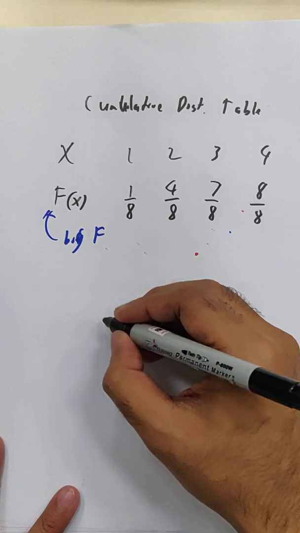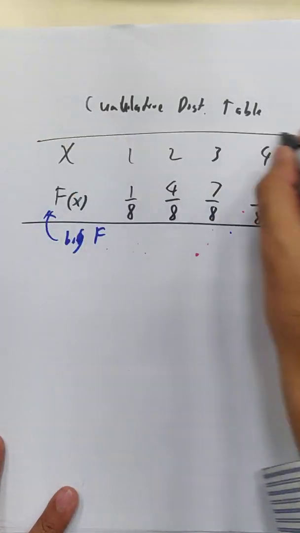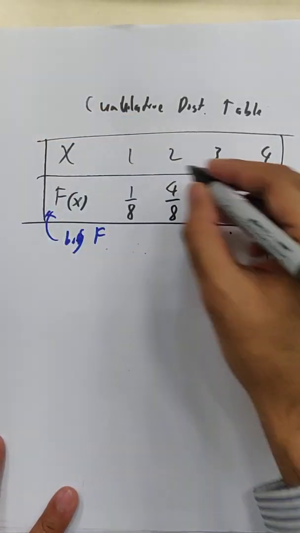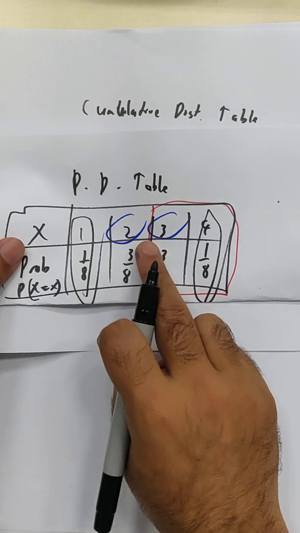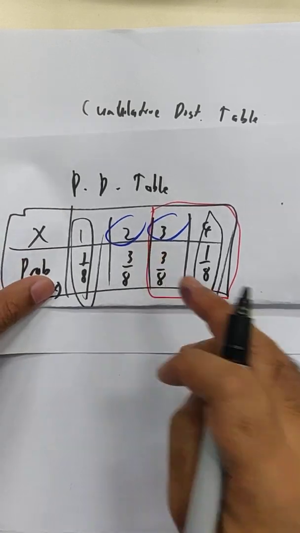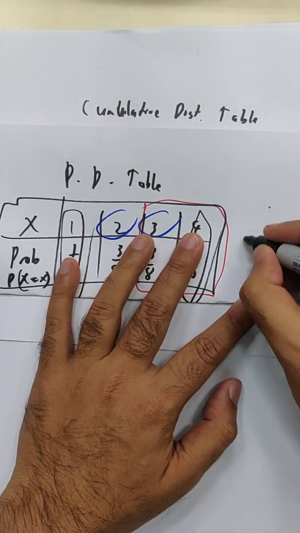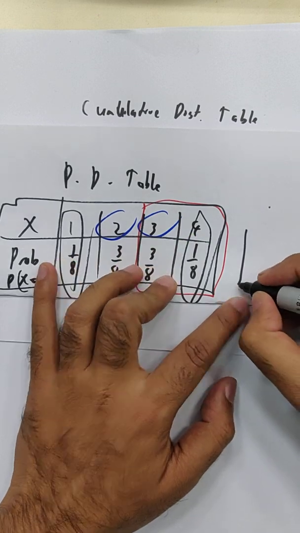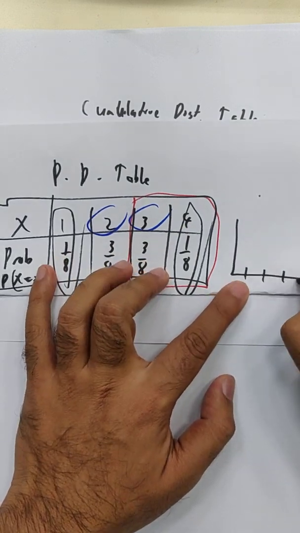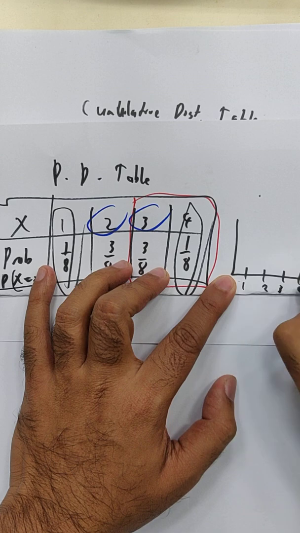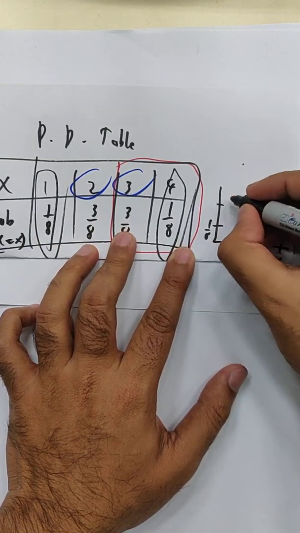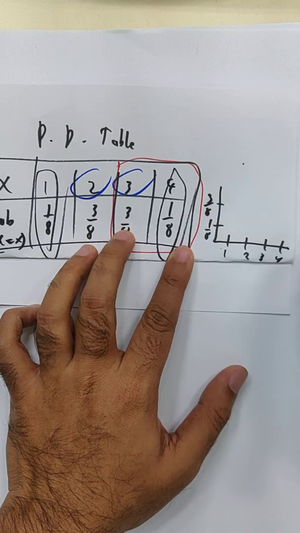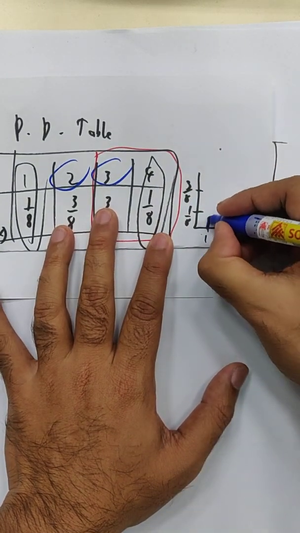Okay, so the graph, how does it look like? Before I go further, let's say here's a 1, 2, 3, 4. So 1 over 8, 3 over 8. The graph is going to look something like this.